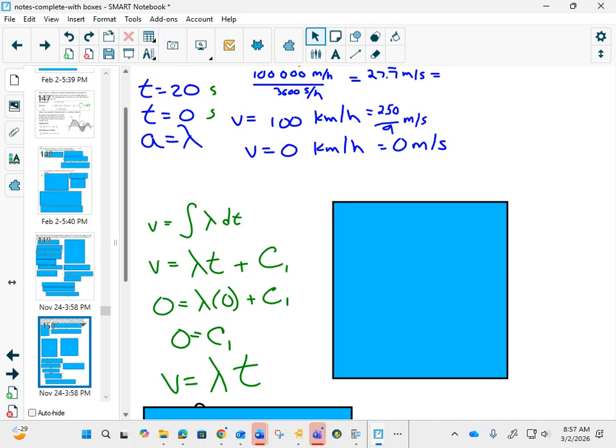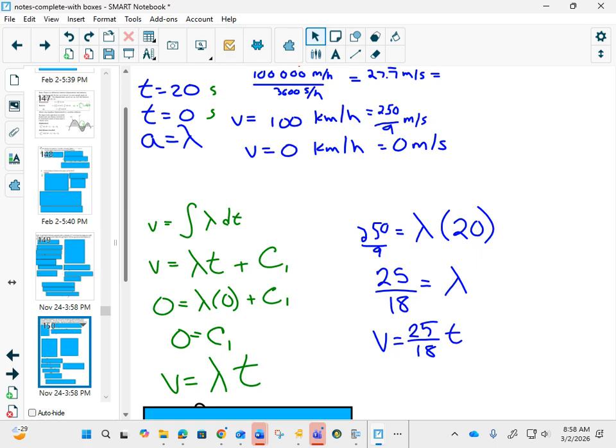We know our initial velocity at time 0 is 0, so c1 has to equal 0. So now our velocity formula is just some constant, which we don't know, times t. And in a question like this, it feels like we're not going to get anywhere because we're using something we don't know.